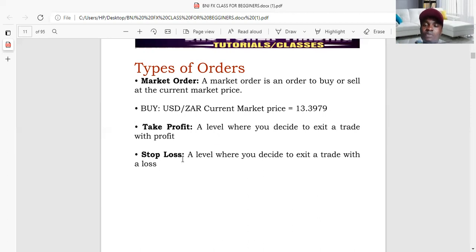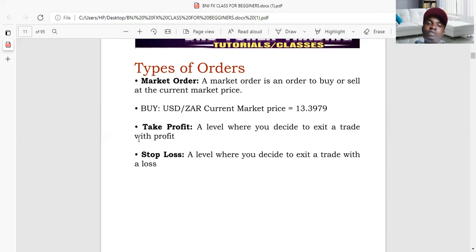We also have stop loss, a level where you decide to exit a trade with a loss. Maybe the market has gone against you and you want to leave the market. So you set that when this market gets to this particular place against me, please the system should help me and close the market.